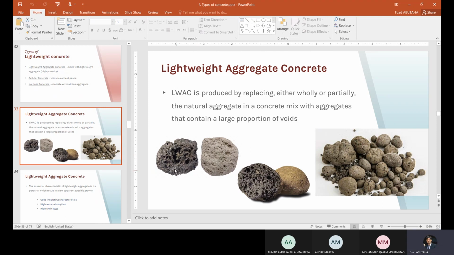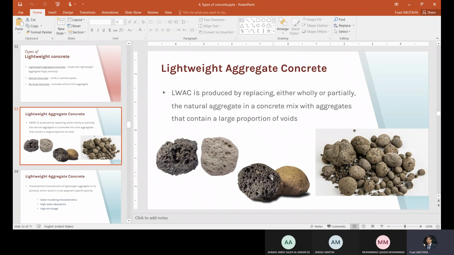So the first method is using lightweight aggregate. We have many types of lightweight aggregate, and they all share in common that they have many voids inside, which makes this stone or aggregate lighter than normal weight aggregate.